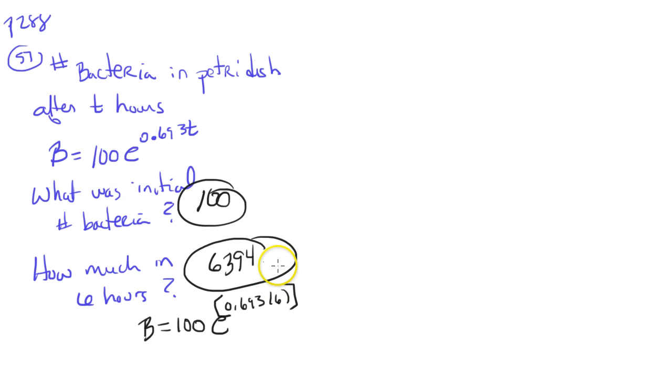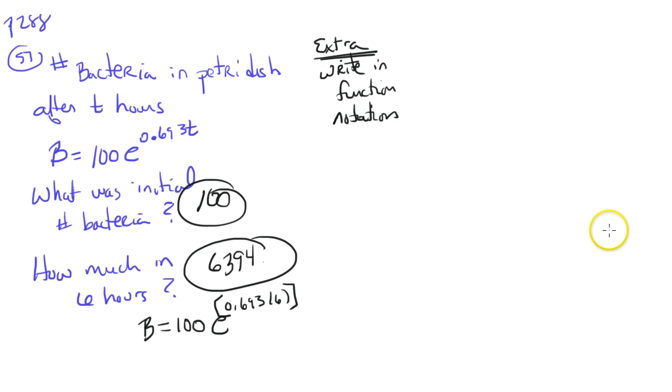All right. Now, let's make this a little extra. Why don't we write this in function notation? They did not ask us to do this, but you should know how to. Let's take a second, see if you can figure out how to write this in function notation using the same letters they use.